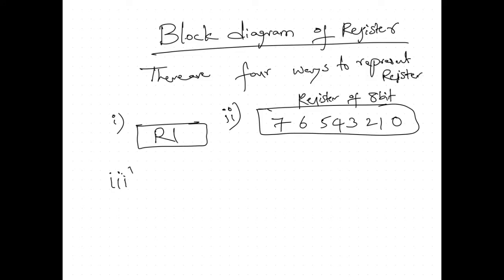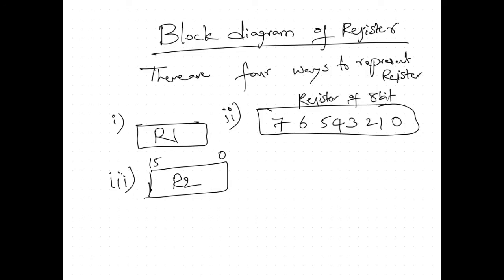Now the third way. In the second way I do not have a naming convention, but in the third way we can have the name as well as the number of bits. Here I am writing the name, so I can understand this register is R2, and I also specify how many bits the register has, 0 to 15.